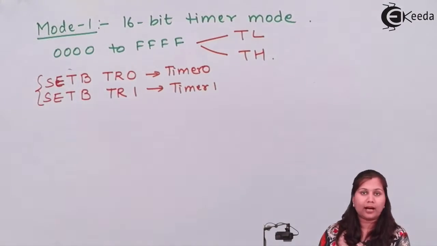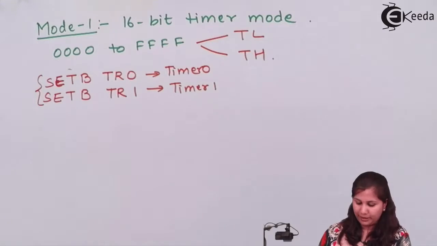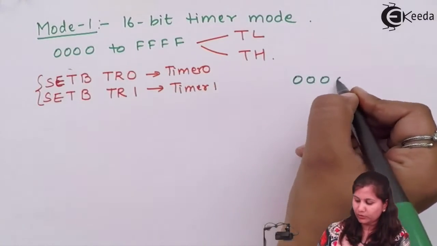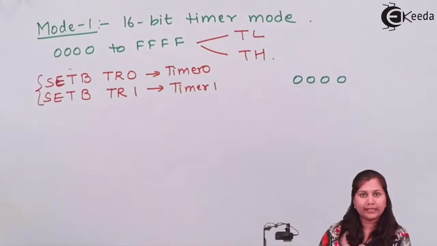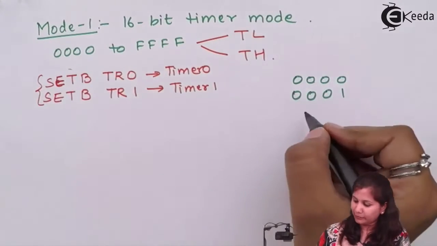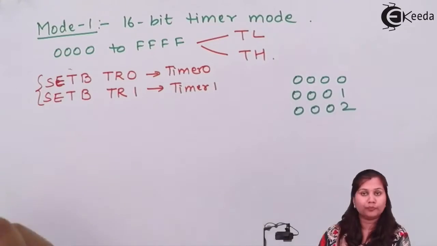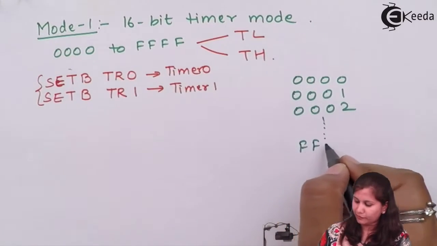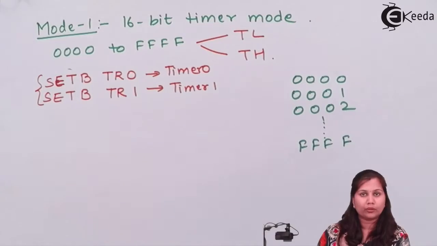After that, the counter starts counting up. Suppose it is loaded with the value 0000. It is incremented to 0001. Again it is incremented to 0002, till it reaches its final count value, which is FFFF. Okay.